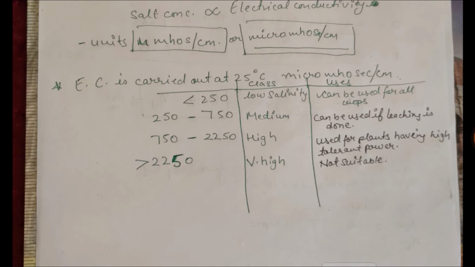This is one way of treating medium salinity water. Third is high salinity water, used only for very highly tolerant crops, that is, plants having high tolerance. And greater than 2250, it is very high salinity water, and it is not suitable for any crops to be grown.